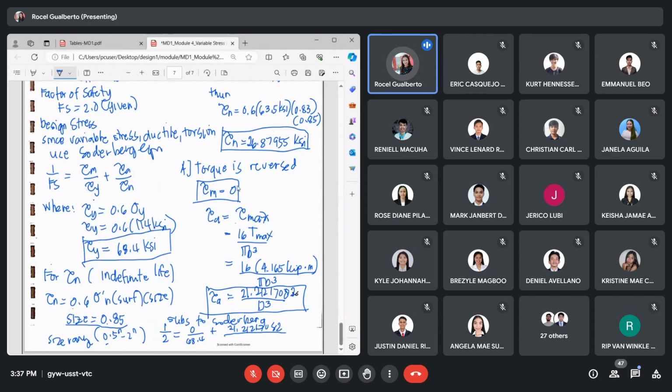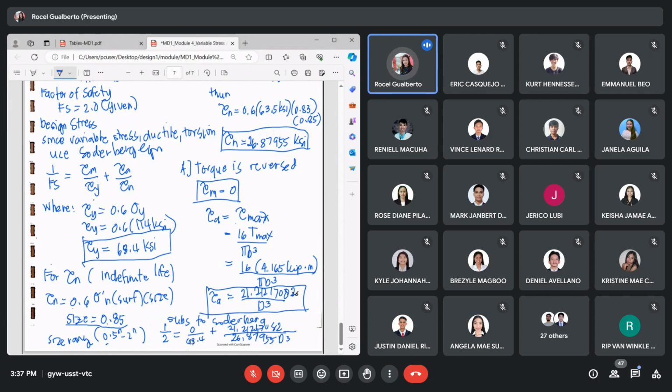It would be your tau n. And what is the value of tau n? 26.87955. So this is now your substitution to the Soderberg equation.